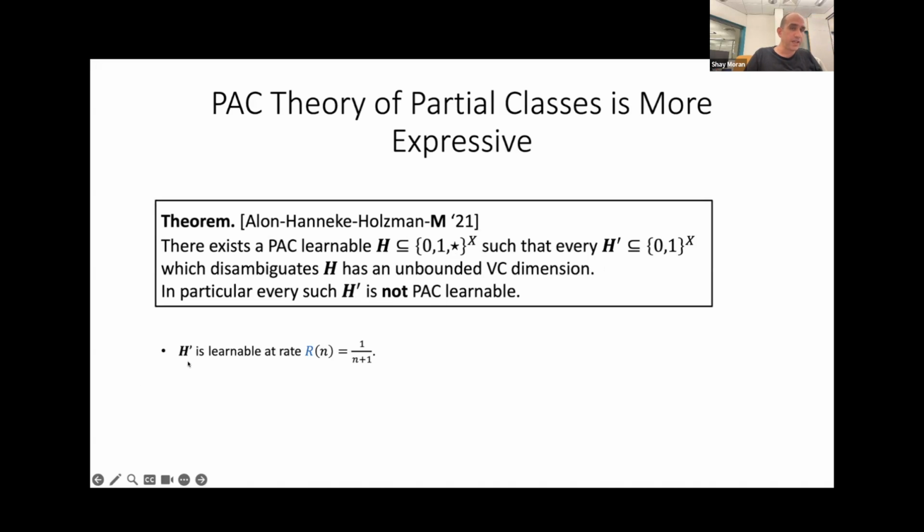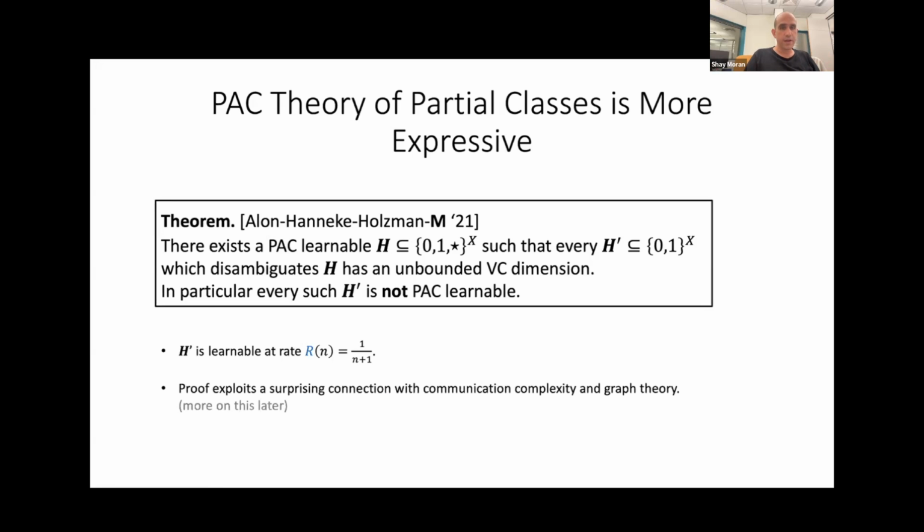And moreover, I can tell you that this H, the partial concept class, is not only PAC learnable, it's PAC learnable at the fastest rate there can be, like VC dimension 1. H, not H prime. You're right, thanks. So the partial class is learnable and also as fast as PAC learnability allows us to learn. And the proof exploits, at least to me, a very surprising connection with communication complexity and graph theory. And I hope to talk about it more later, although I probably won't have time.